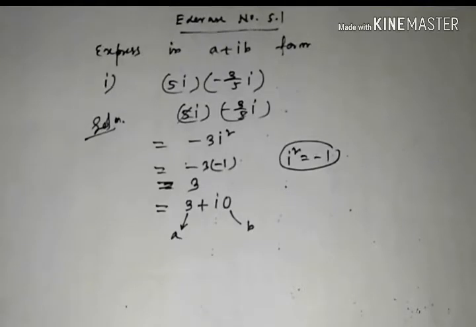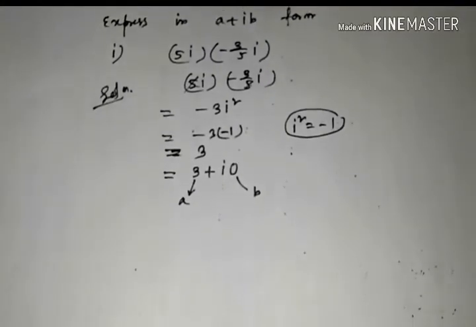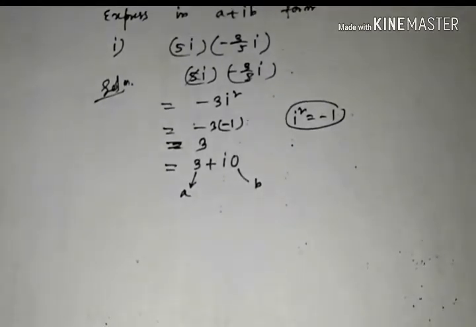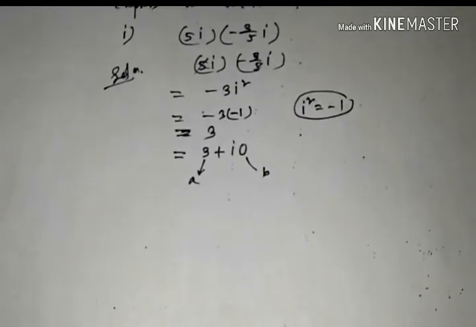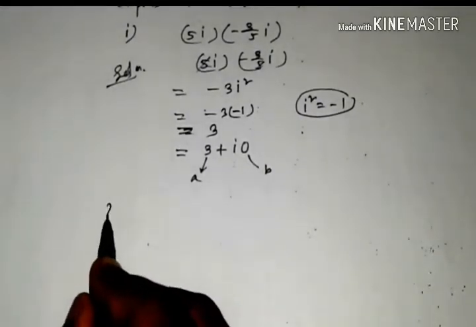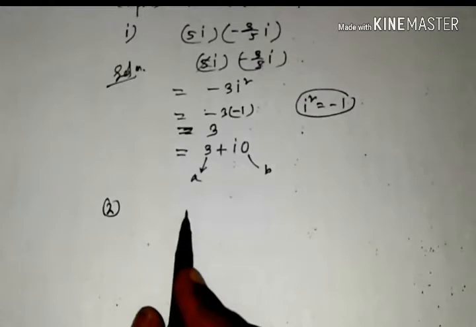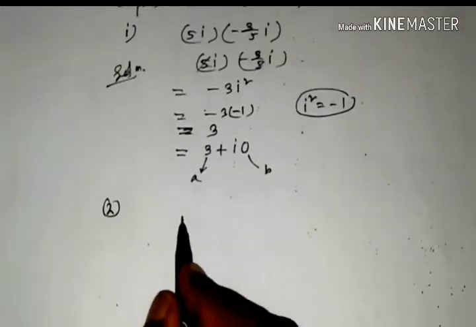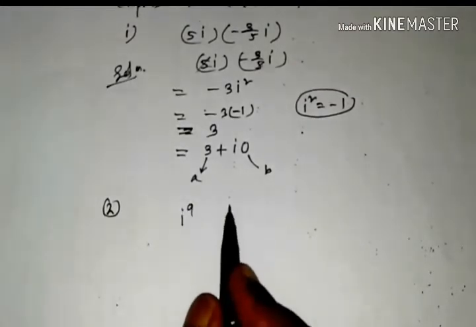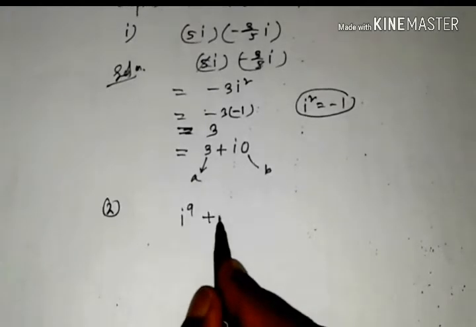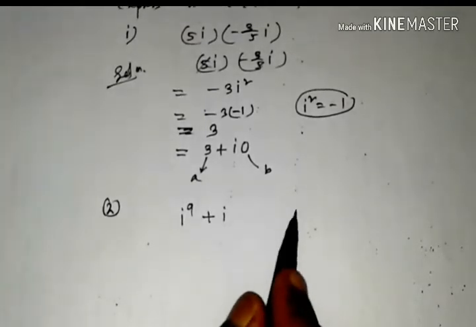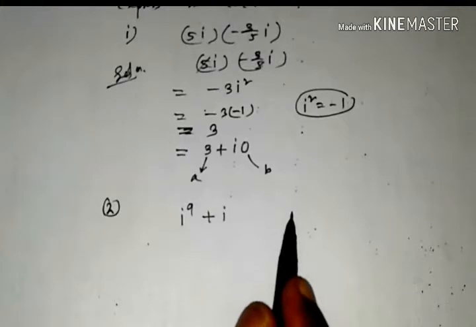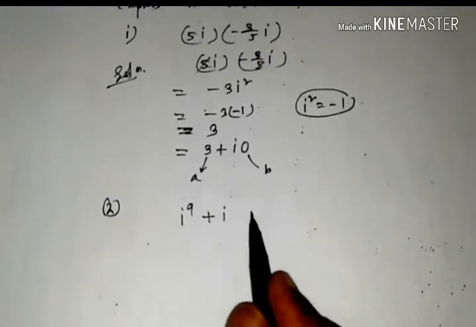Next problem, that is question number 2: i to the power 9 plus i to the power 19.